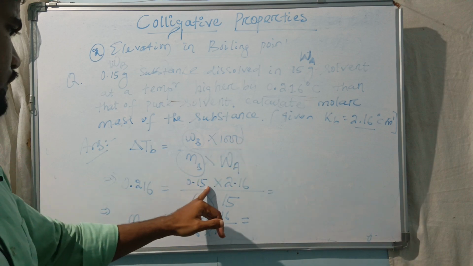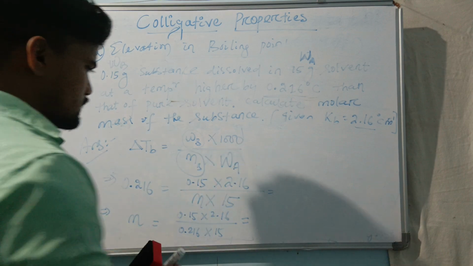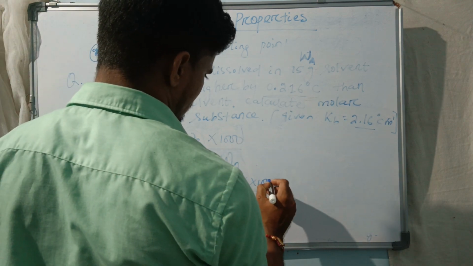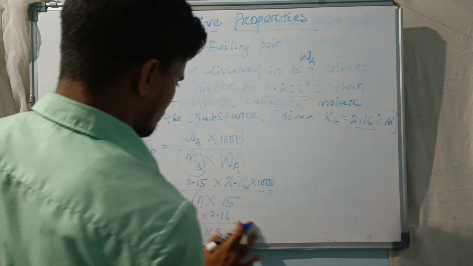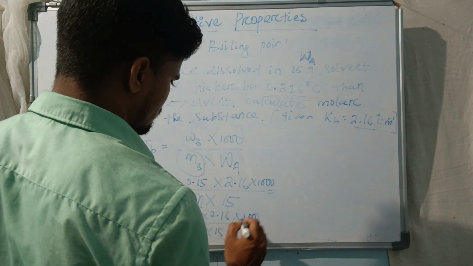So 0.15 into 2.16 into 1000, and in this case also 1000.